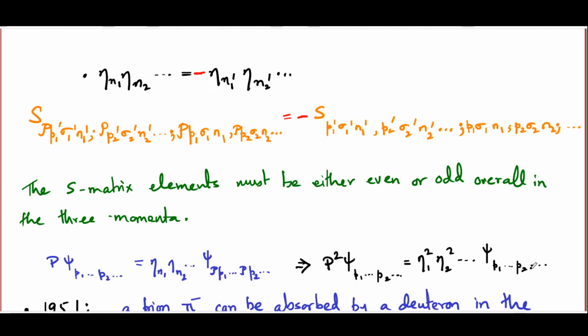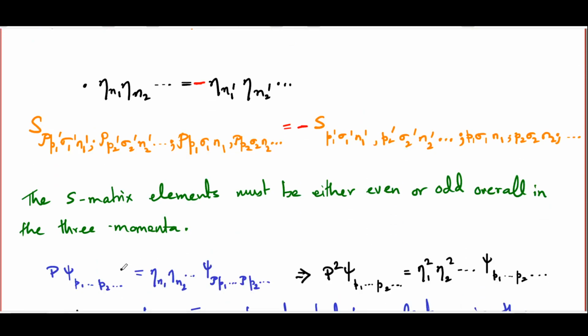Notice that the parity operator acting on psi p1, p2, etc., I have just suppressed all the other labels, being equal to eta n1, eta n2, psi curly pp1, curly pp2, etc., immediately implies that P squared acting on psi p1, p2, etc. gives you eta 1 squared, eta 2 squared, etc. times psi p1, p2, and so on. So what this says is that eta 1 squared, eta 2 squared, etc. are eigenvalues of P squared. And this immediately tells you that eta 1, eta 2 are eigenvalues of P.